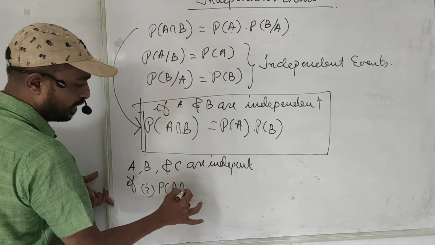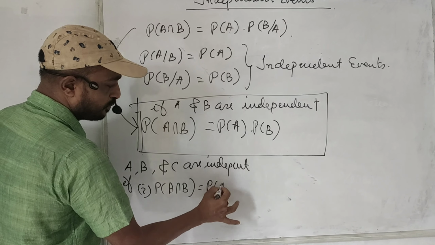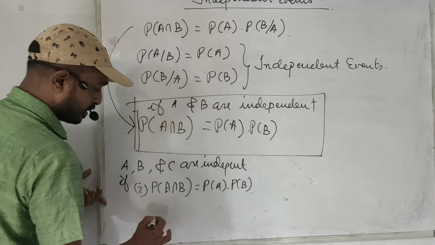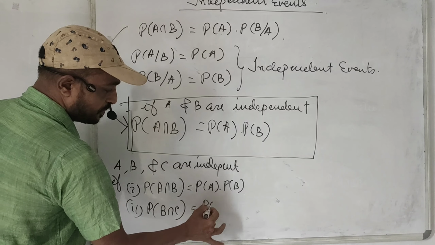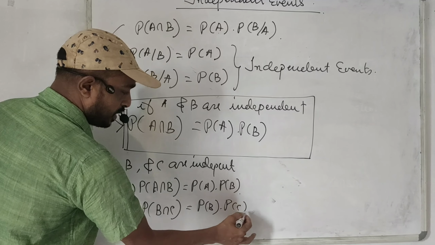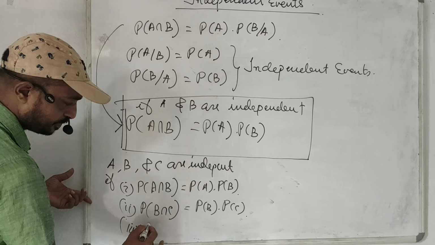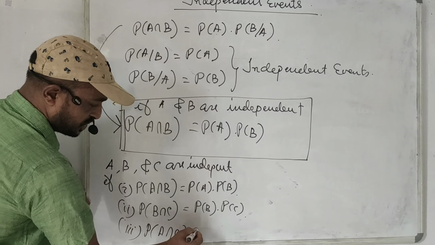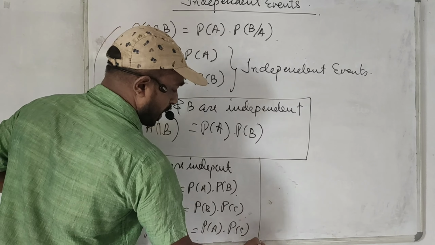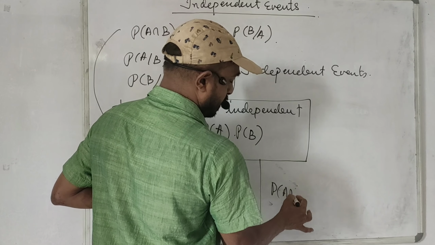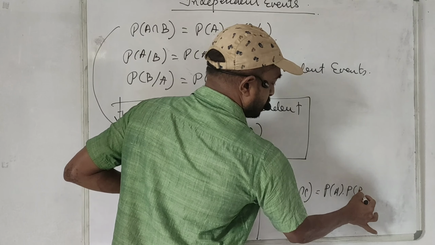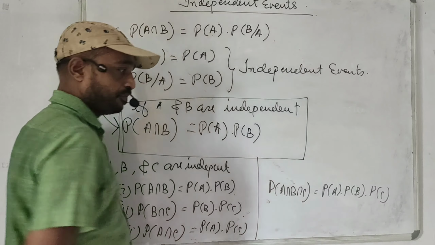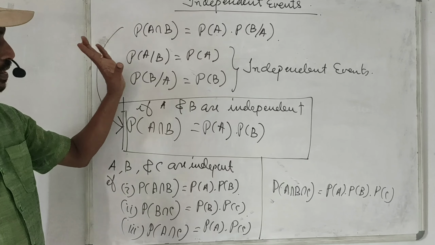P of A intersection B is equal to P of A into P of B, and second, P of B intersection C is equal to P of B into P of C, and P of A intersection C is equal to P of A into P of C, and P of A intersection B intersection C is equal to P of A into P of B into P of C. That is what is meant by independent events.